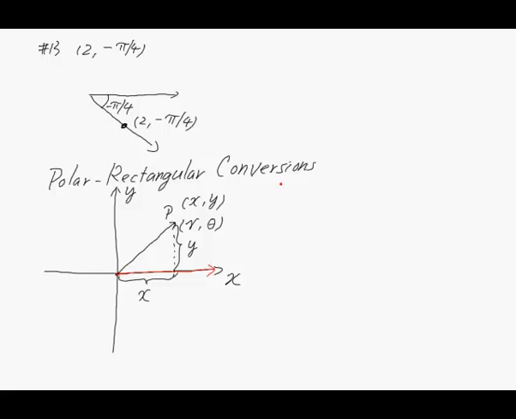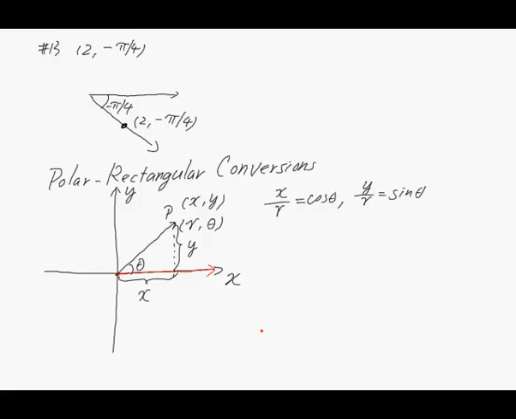Then, from the trigonometric ratios, we immediately get x over r is equal to cosine theta, right? And then y over r is equal to sine theta.